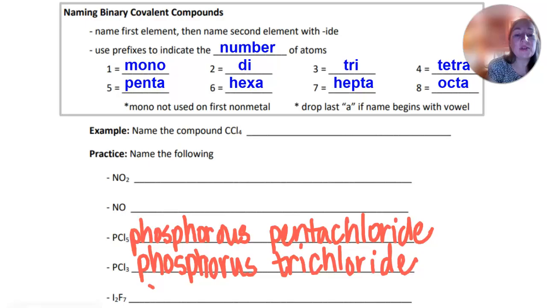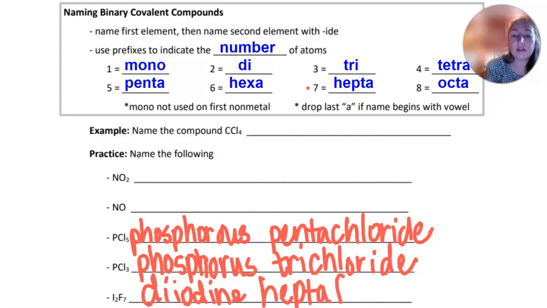And then lastly, we do have 2 iodines, so we need to indicate that with diiodine. And then 7 up here is heptafluoride. Watch your spelling on fluorine. It's F-L-U-O-R, fluoride.